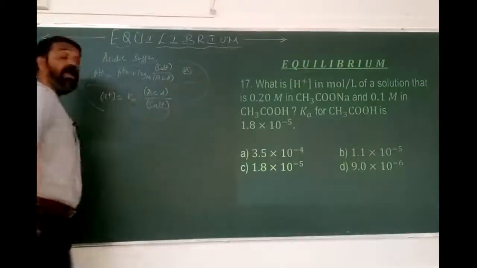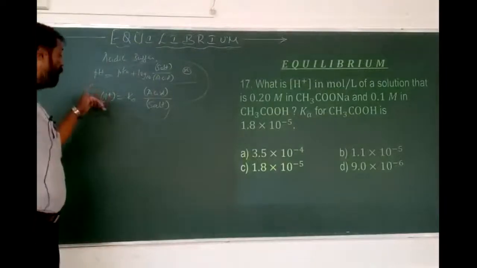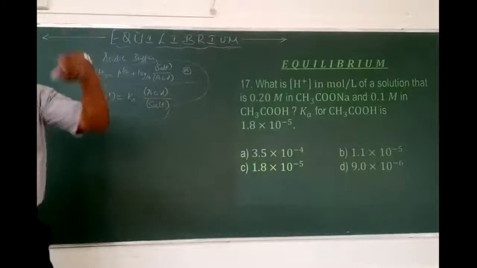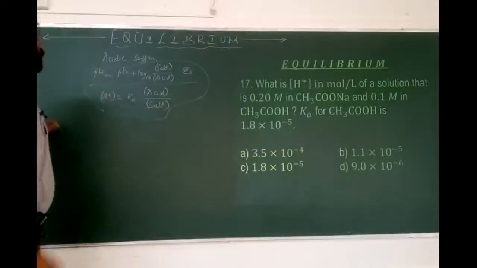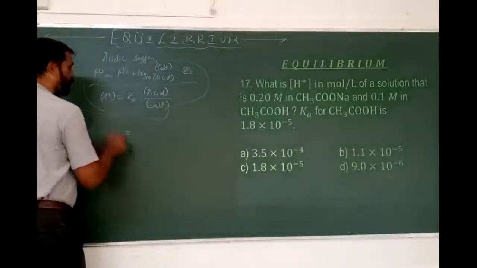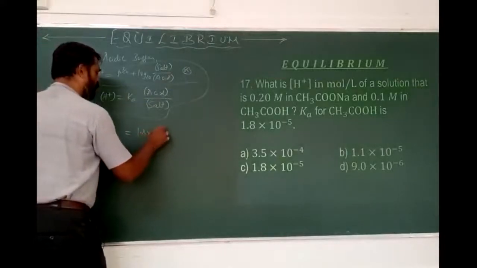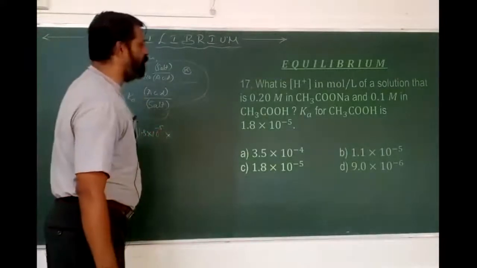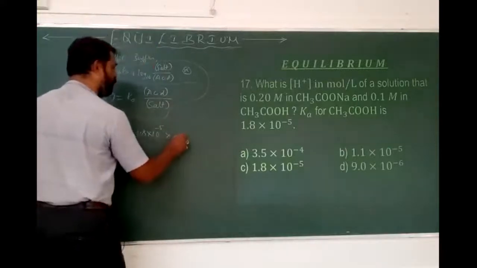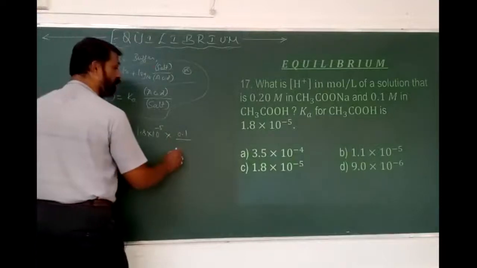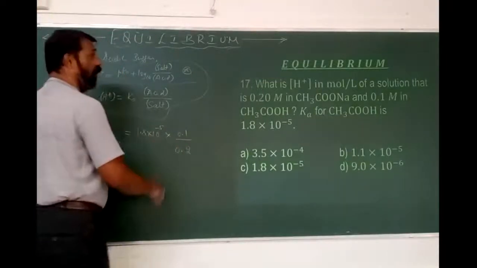This is derived from the Henderson-Hasselbalch equation; in deriving it we get an intermediate equation, that is H plus is equal to K into acid concentration divided by salt concentration. Here K is 1.8 into 10 to the power of minus 5. The acid is acetic acid, which is 0.1, divided by sodium acetate, which is 0.2 molar.